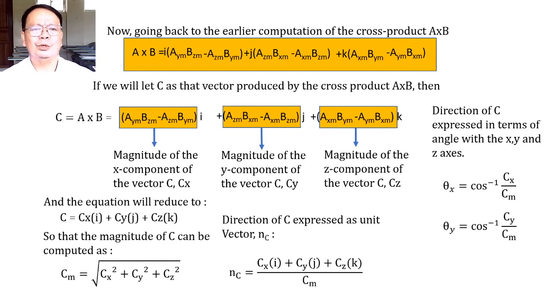The angle with respect to the y-axis is equal to arc cosine of C sub y divided by C sub m. And for the angle with respect to the z-axis, it will be equal to arc cosine of C sub z over C sub m.